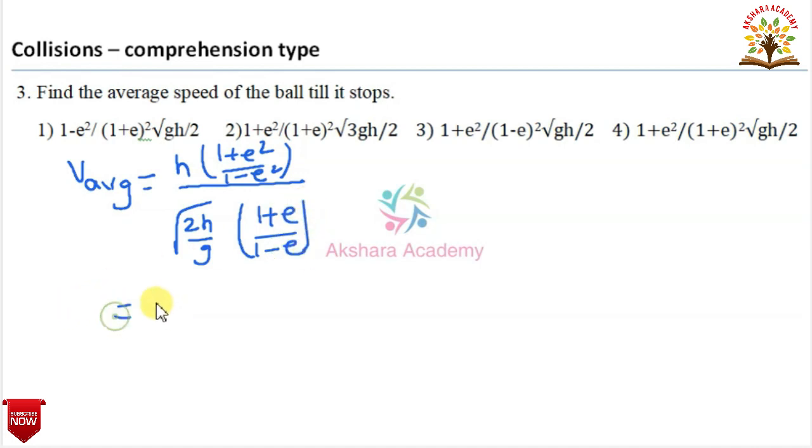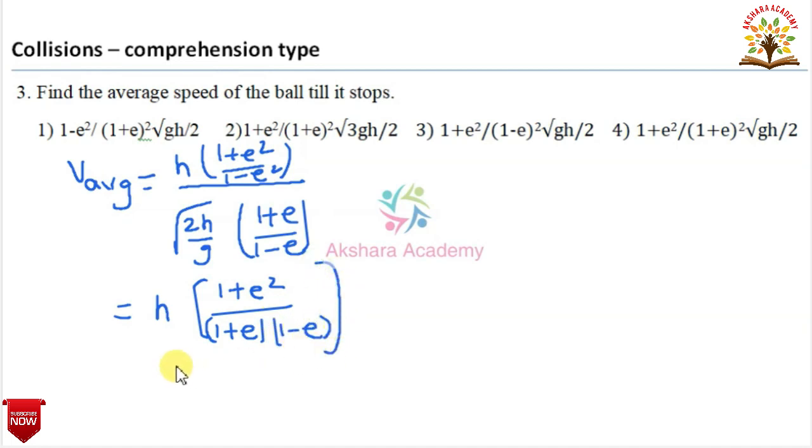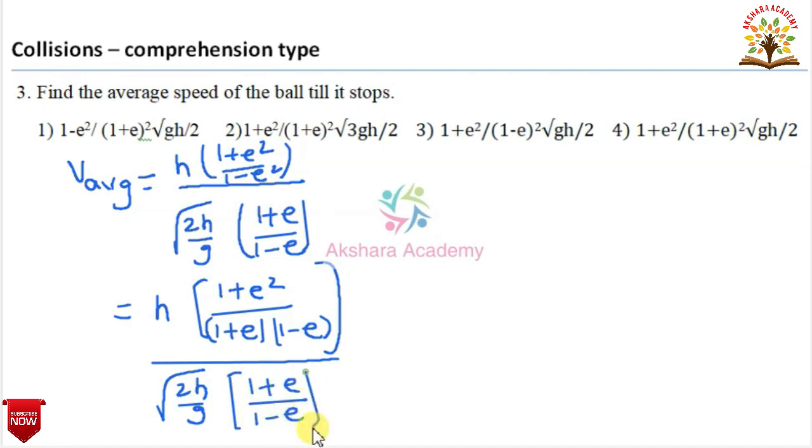That is equal to h of (1 plus e square) by... it is in the form of a square minus b square. Write it as (a plus b) into (a minus b), by square root of 2h by g of (1 plus e) by (1 minus e).